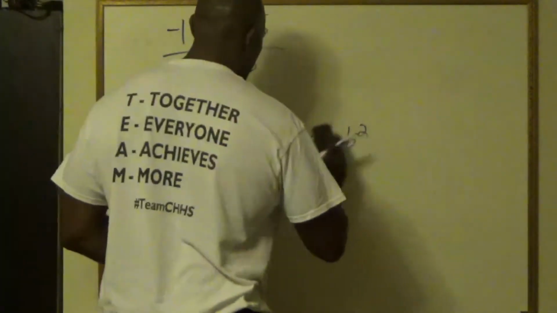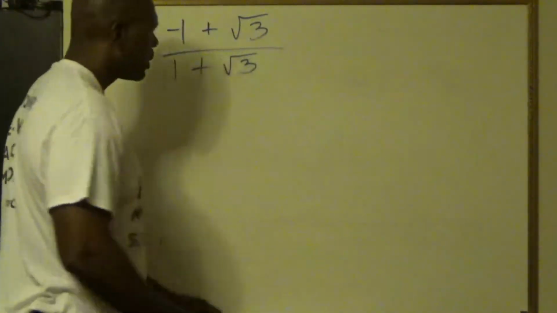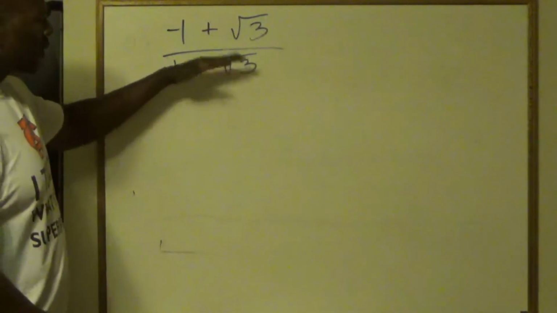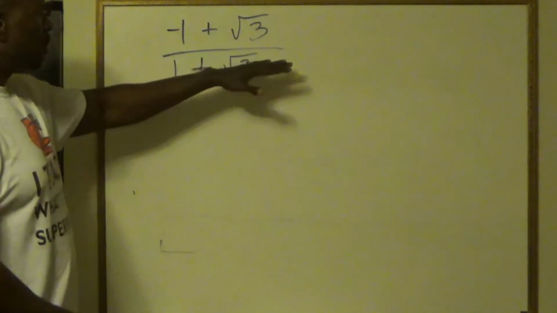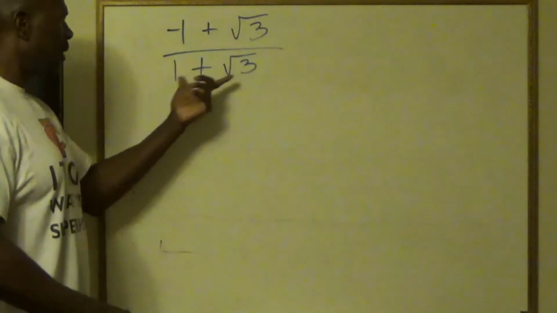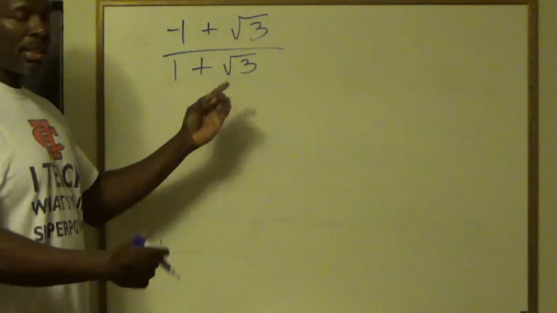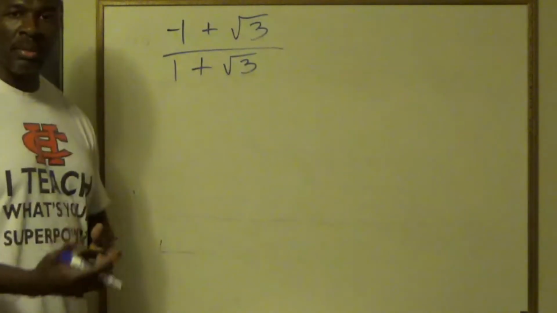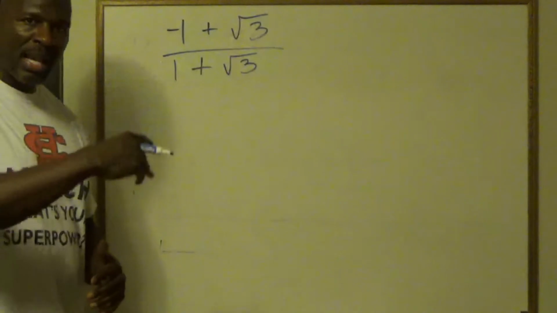So to pull this off on these types of problems, you look at your denominator, and whatever I multiply, I have to multiply by the top and the bottom. I'm going to multiply by the conjugate of this denominator, meaning whatever sign is here, I'm going to use the opposite sign. If it's a plus, I'm going to turn it to a minus and multiply. If it's a minus, I'm going to turn it to a plus and multiply top and bottom.